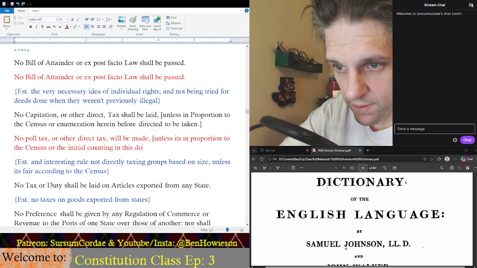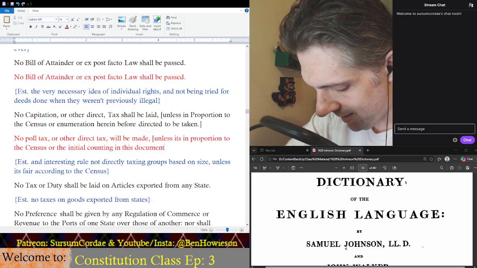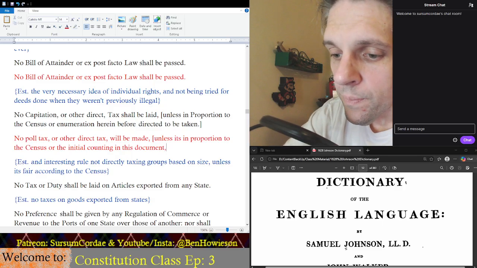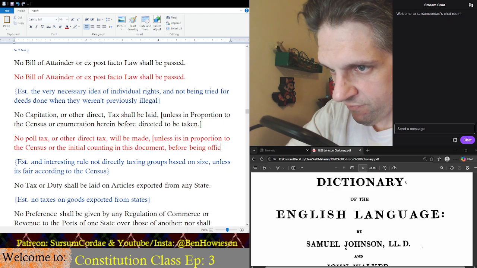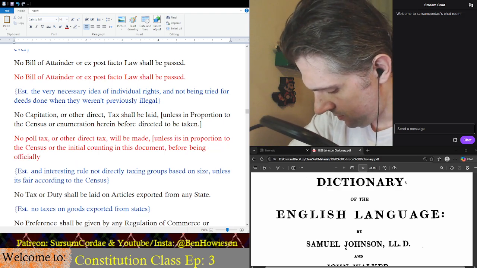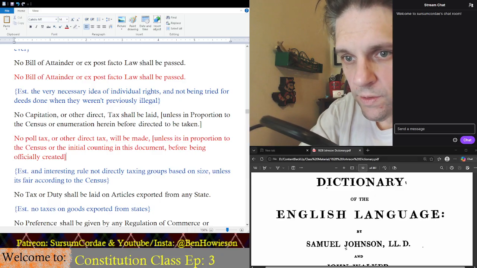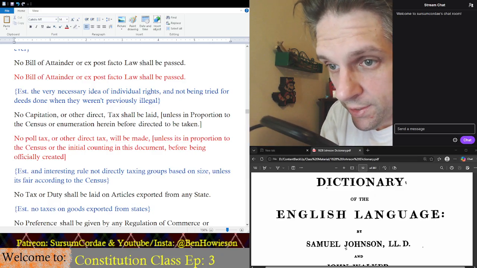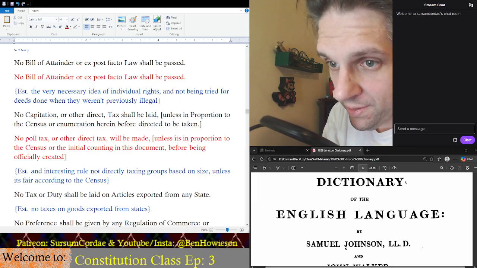In this document, see, because it's going to be here. It's already in the document since this happened already, before being officially created. See, so no poll tax or direct tax will be made unless it's in proportion to the census or the initial counting in this document before being officially created.